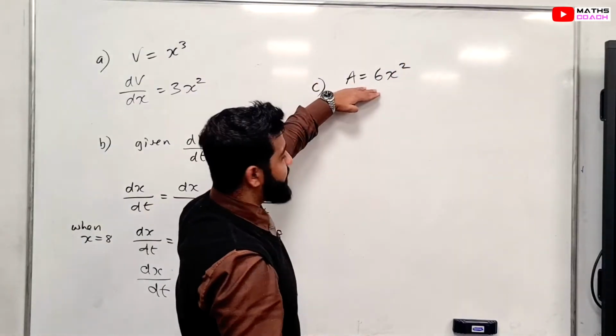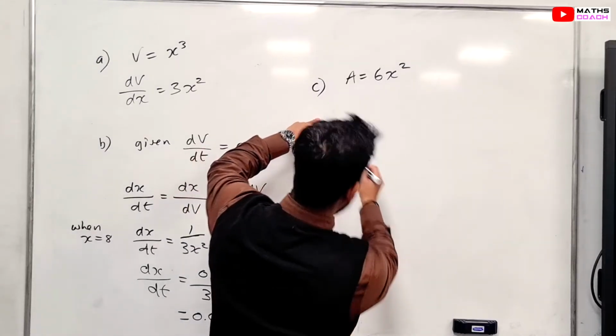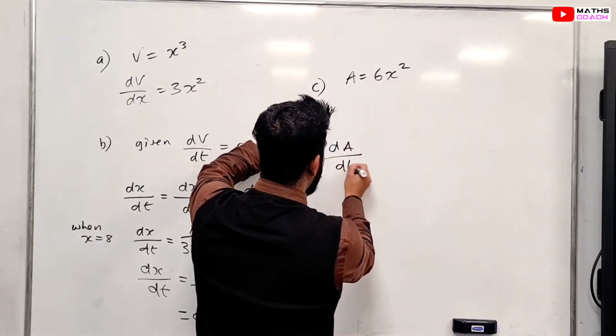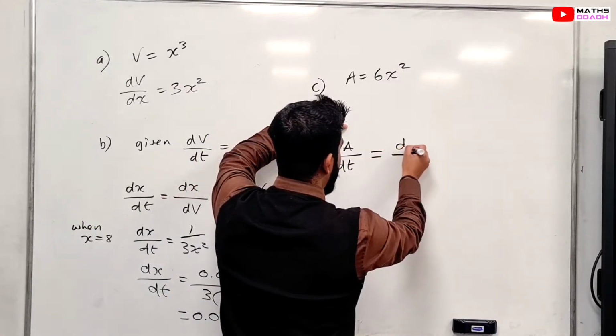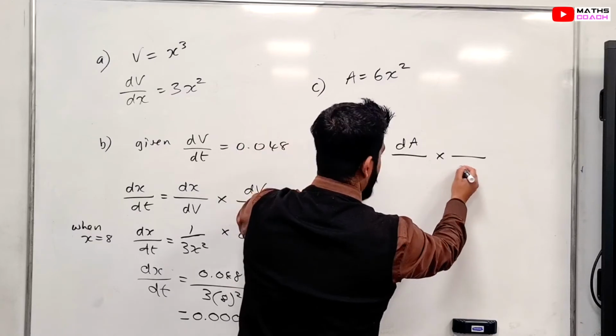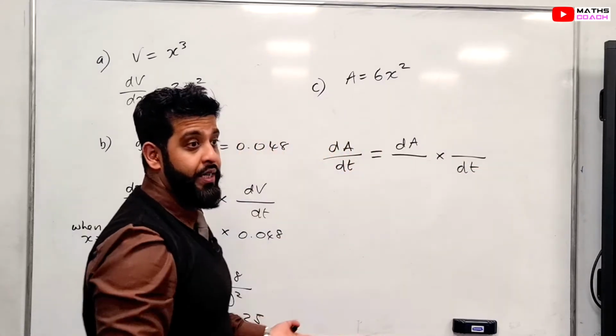So this is the surface area of the cube. What it's asking us for is dA with respect to time. So let's put this in: dA over dt, and here will go the thing that we need.